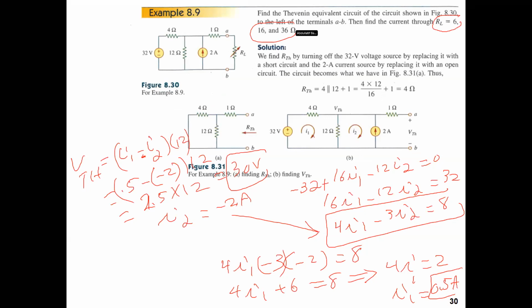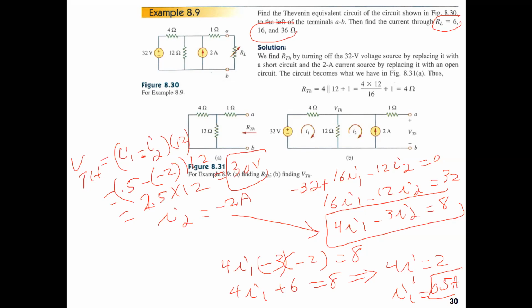So we can see here that we use the Thevenin equivalent circuit once, and then we can plug in RL equals 6, find the current through that load, then replace it with 16 ohm, and then replace it with 36 to find the current in the other two resistors.